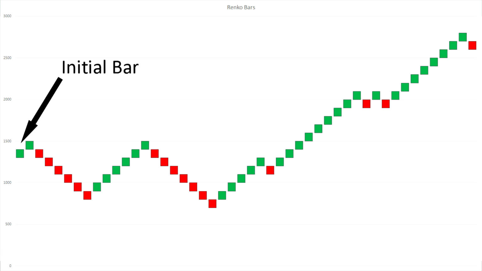So if we're moving upwards, each 100-point bar is created with a 100-point move. But if we want to change direction and start going downwards, we need a move equivalent to 200 points.